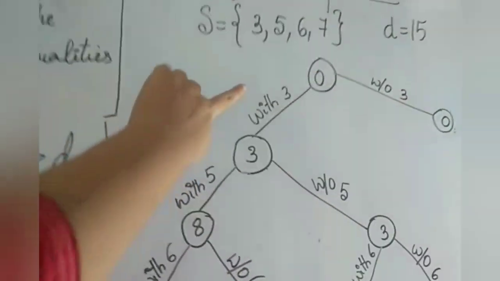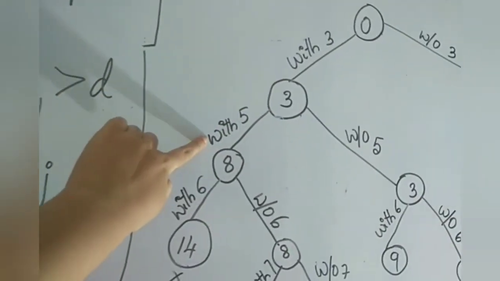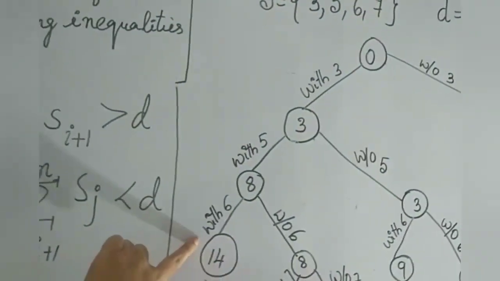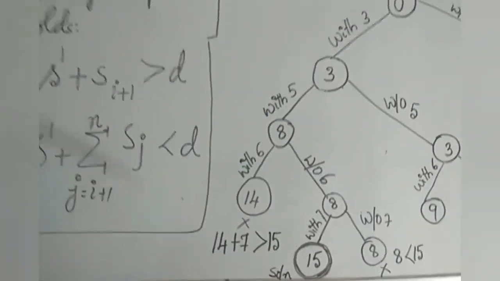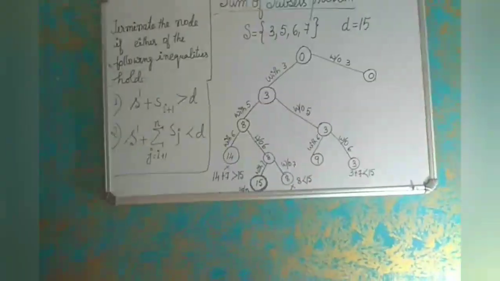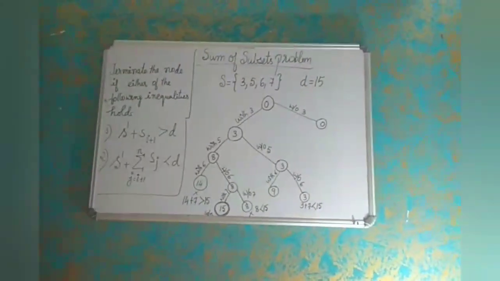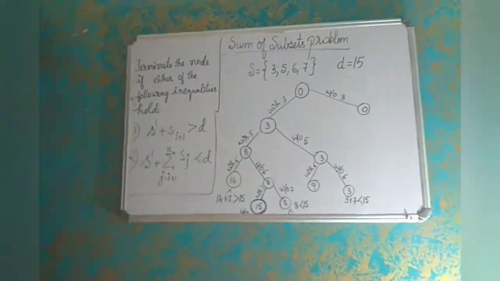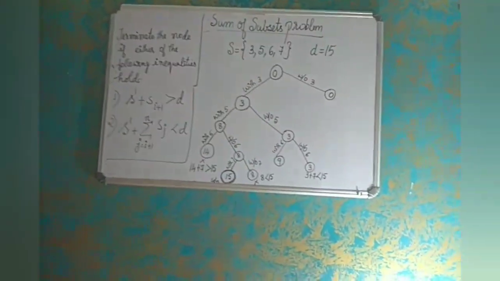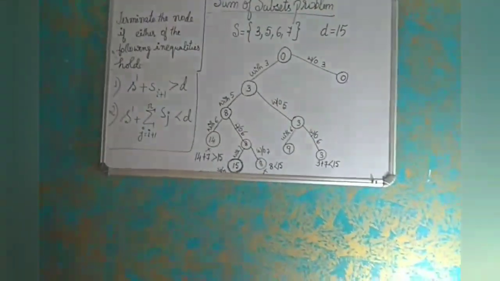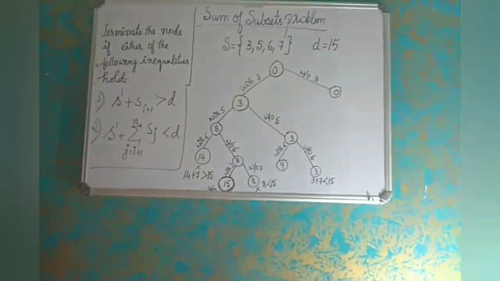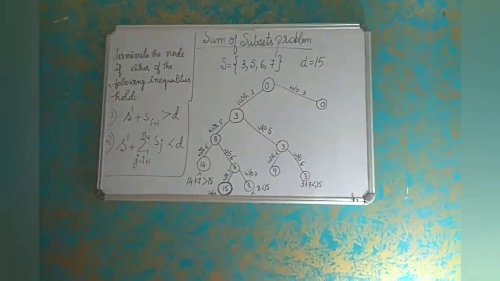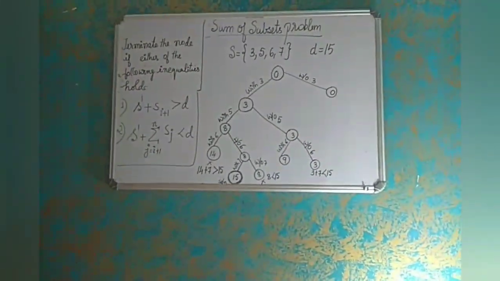If you include 3, 5, 6 and 7, all the 4 elements, then that doesn't give us the solution, because when you add all the 4 elements together, it is giving a value which is greater than 15. So we stop there. We consider it as a non-promising dead end and we stop.